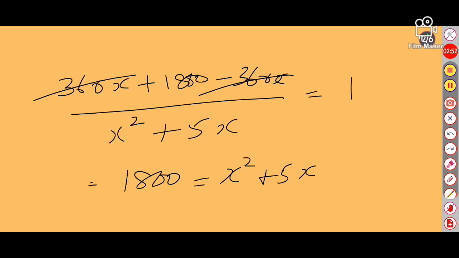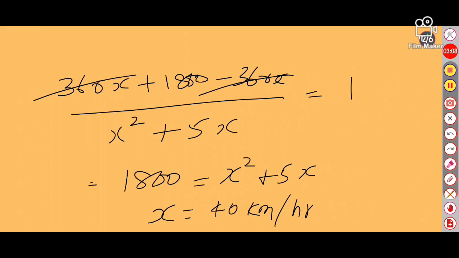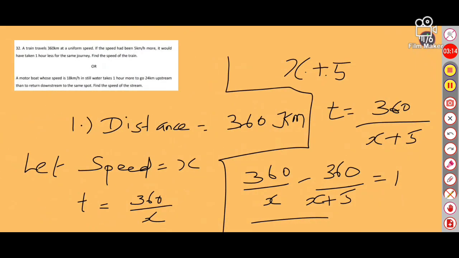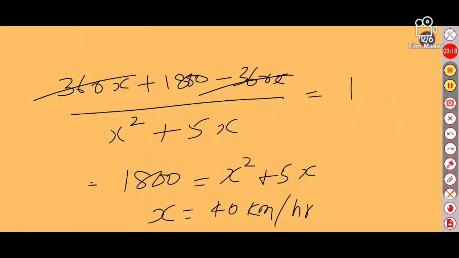Upon simplifying this, you get x equal to 40 km per hour. So the speed of the train, which we assumed to be x, is 40 km per hour.